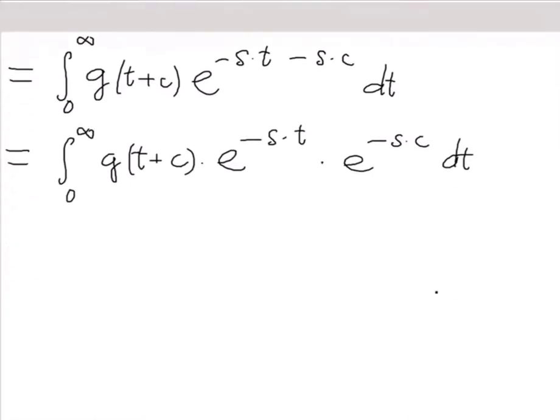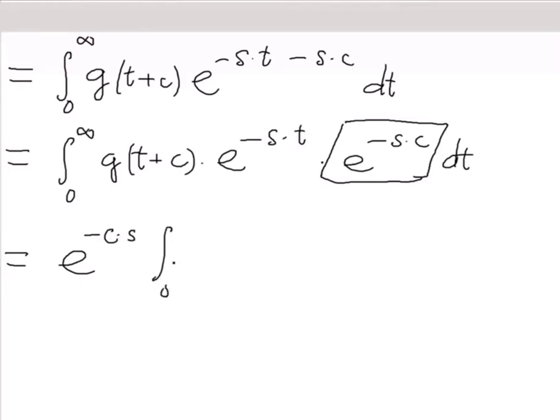The reason that I wanted to split the exponential into the product is because e to the minus s times c here is independent of t. It's a constant. We might take it out. And as usual, we're going to write c first, so e to the minus cs instead of sc over there. And the integral from 0 to infinity of g of t plus c, e to the minus st dt.